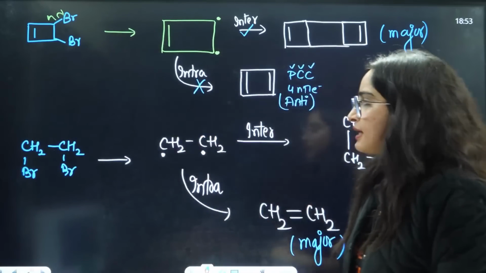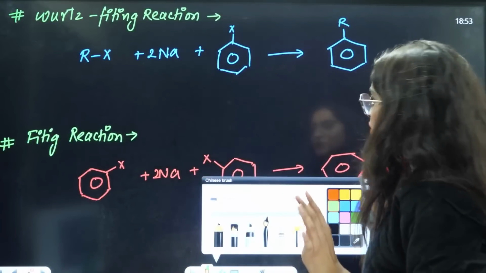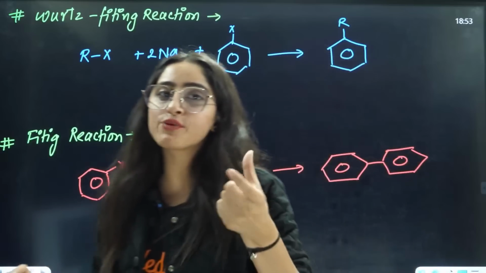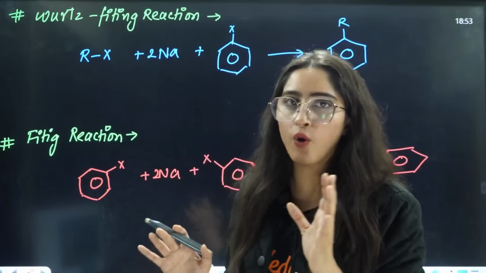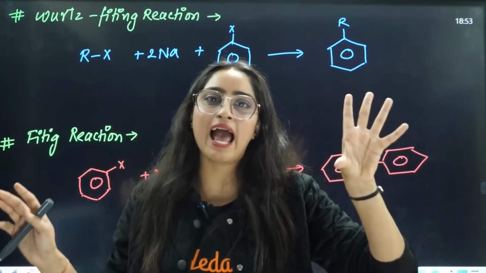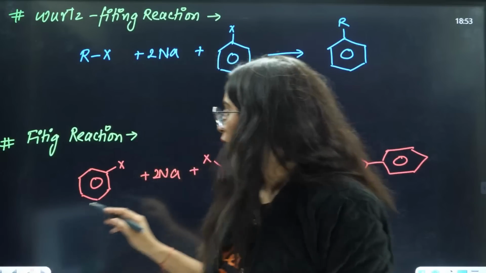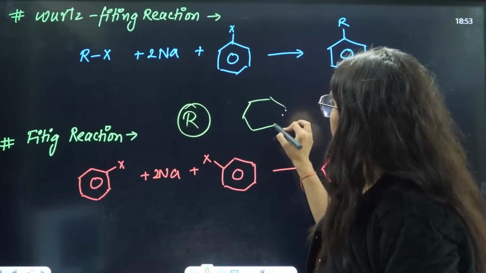Just focus here, right? Okay, next is your Wurtz reaction. Wurtz-Fittig and Fittig reactions are very similar to the Wurtz reaction. Let us see how. Just imagine Wurtz as alkyl and Fittig as aryl. Wurtz is a normal chain and Fittig is an aromatic ring.